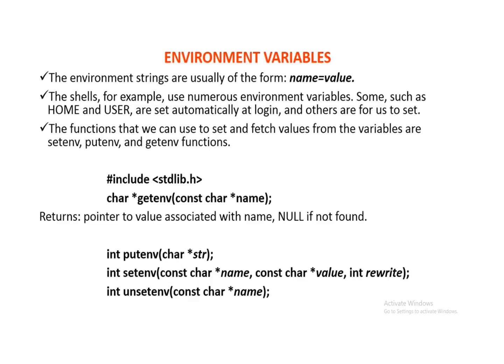The functions that we can use to fetch and set the values of the variables are getenv, putenv, and setenv. First we will see getenv, to get the environment information. It takes a constant character pointer, meaning you pass the environment variable name as a parameter, and it returns a pointer to the value associated with it, or null if it is not found.